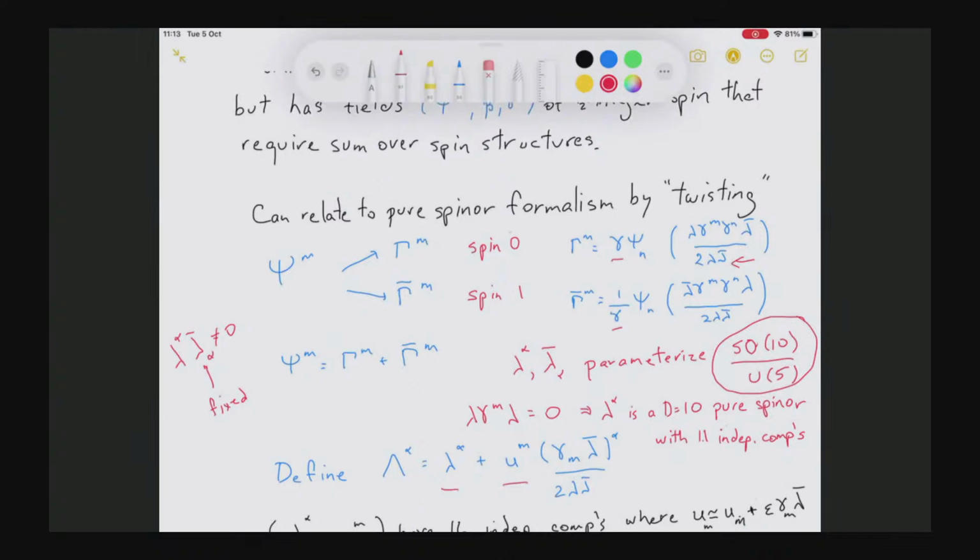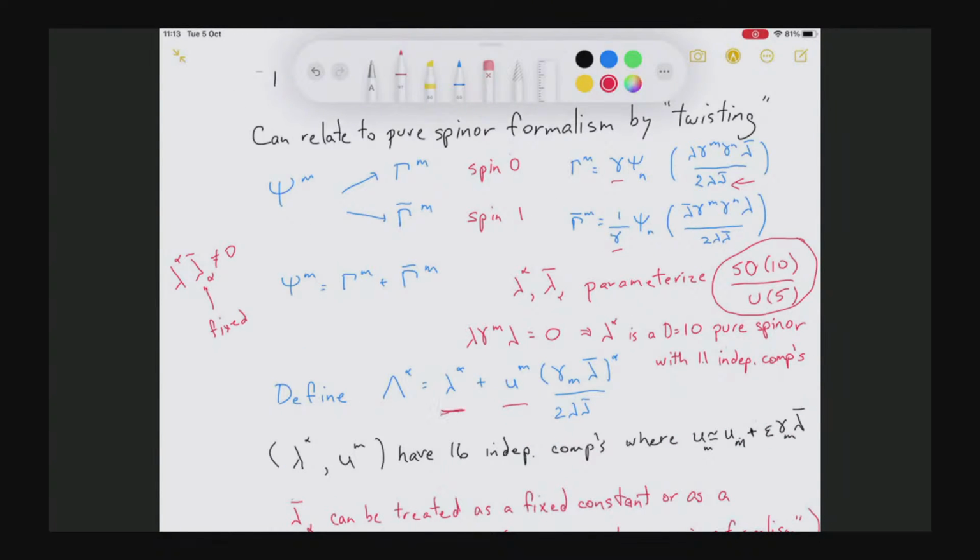So lambda and u are bosonic variables. I already mentioned that there are 11 independent components of the pure spinor, and 5 of the 10 components of this vector will appear if I contract it with gamma m lambda bar. So these 16 components can be used to decompose an unconstrained 10-dimensional spinor.